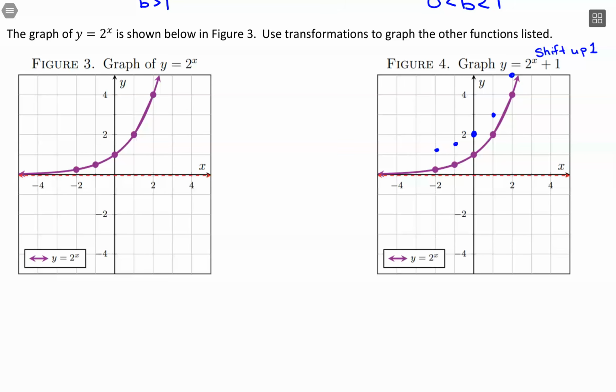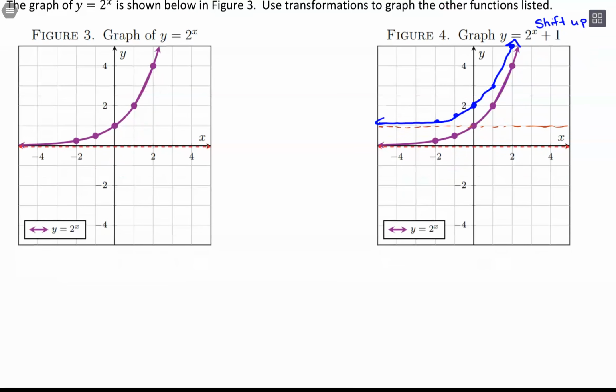It won't move with the horizontal shifts, and it won't move with the stretches or compressions, but specifically with the vertical shifts, it'll move along with it. So that asymptote also moves up by 1. With that, our graph now looks like this. Except less messy, but that's the best I can do for now.